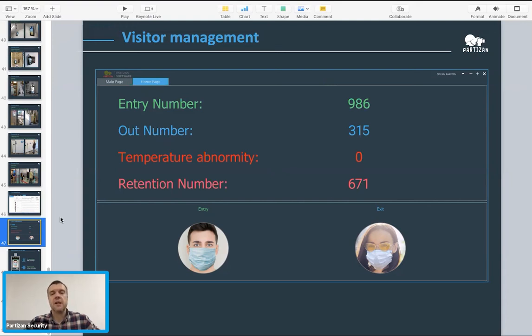In this case, this device is quite useful because you can install it, and you can not let people in if there are more than allowed by the government. And also you can check how many people with abnormal temperatures are inside. So hopefully in all of the cases, it will be 0 like here on the image.